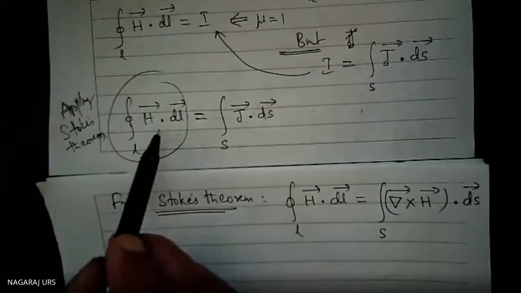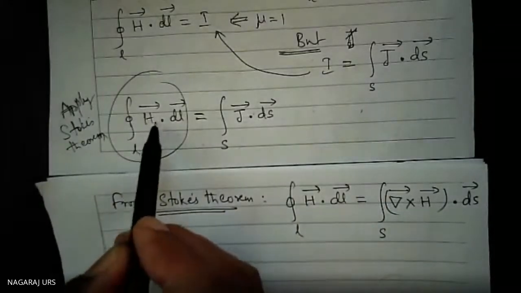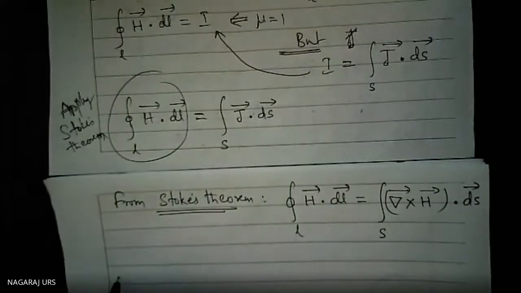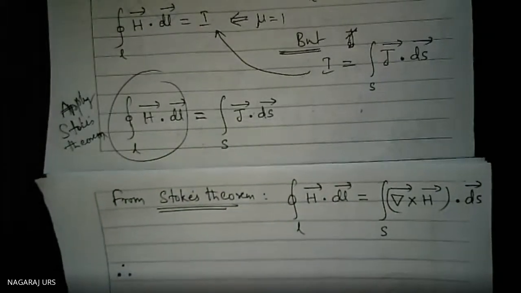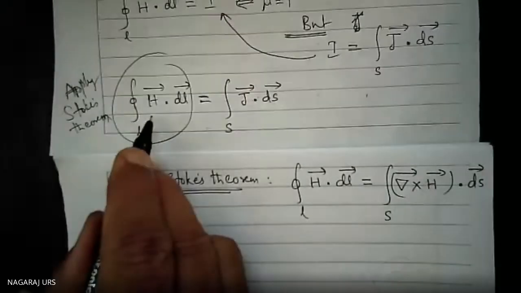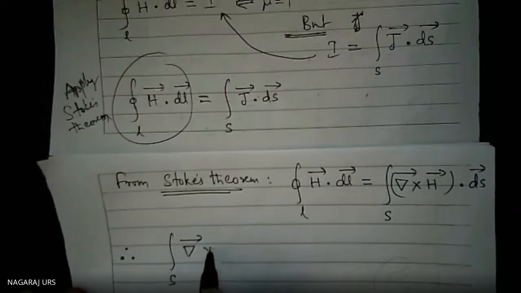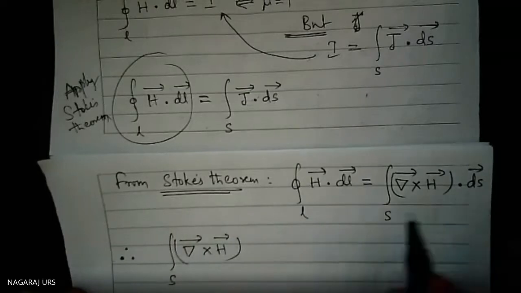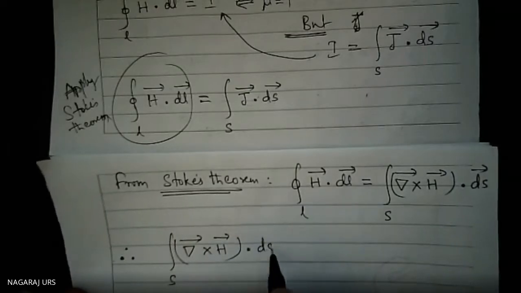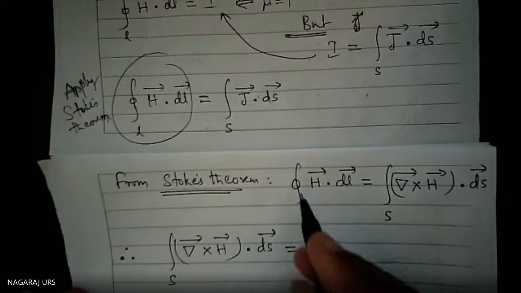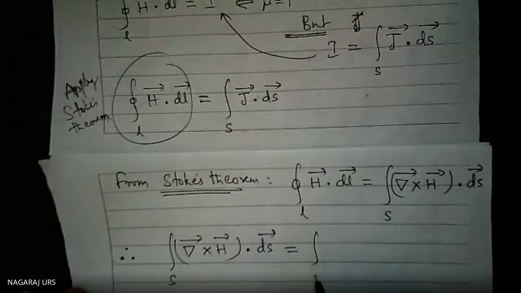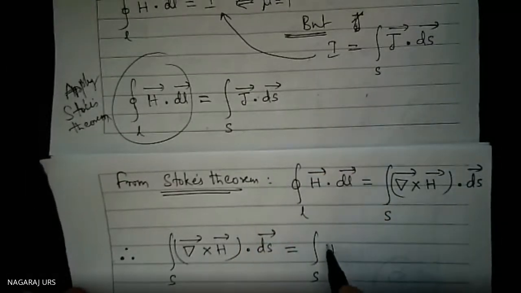Apply this here. Then you write this equation. Therefore, del cross H dot ds integrated is equal to the surface integral of J dot ds.